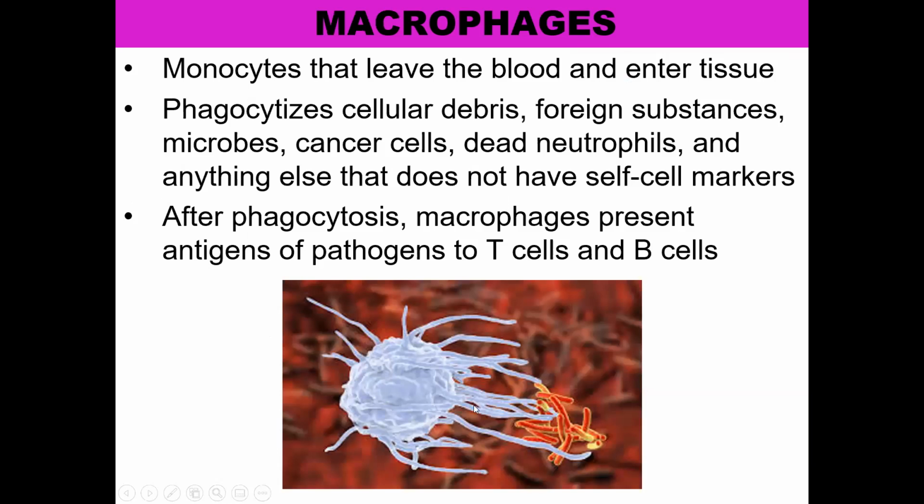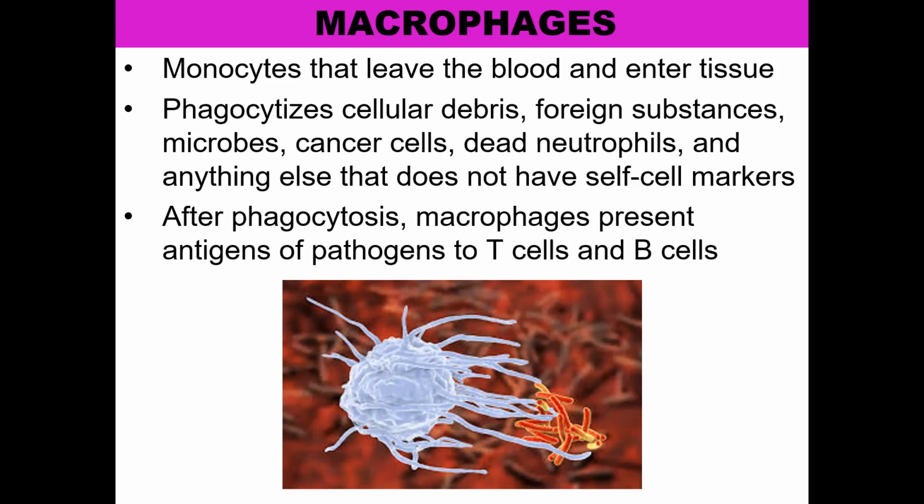All right, here's a macrophage. So this is a monocyte after it leaves the blood and enters the tissue. It is going to use these long tentacle arms to grab the bacteria and reel it in. Macrophages can phagocytize bacteria, cancer cells, dead neutrophils, cellular debris, viruses, anything that doesn't have a cell marker.